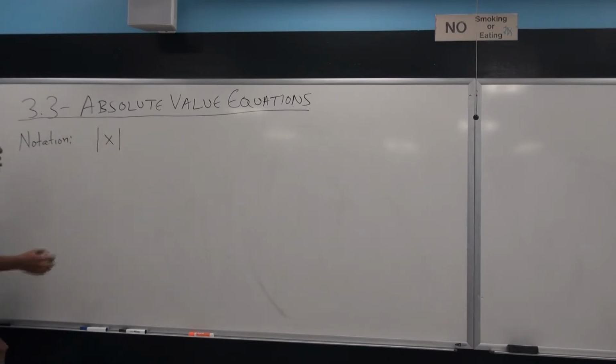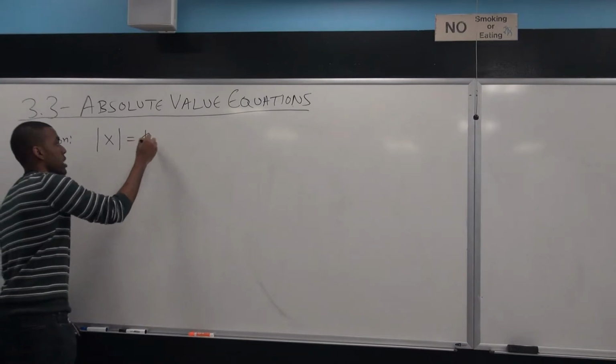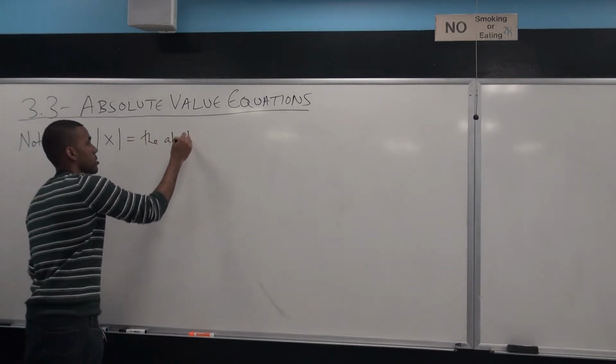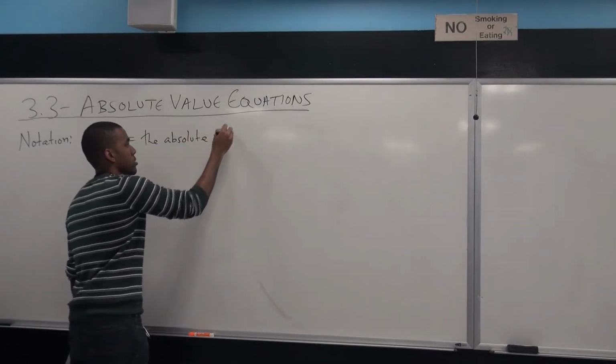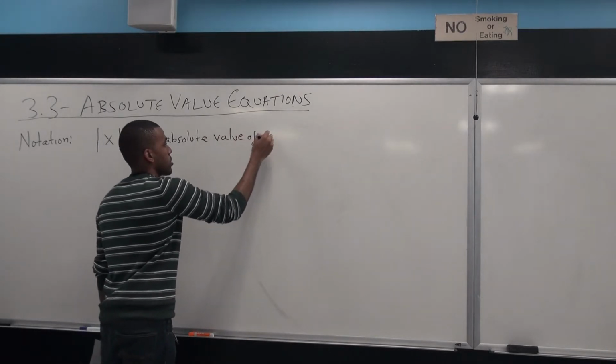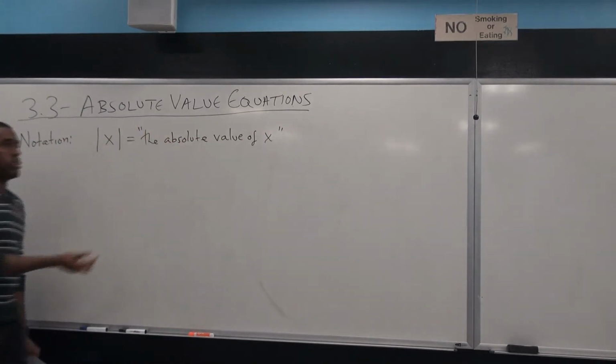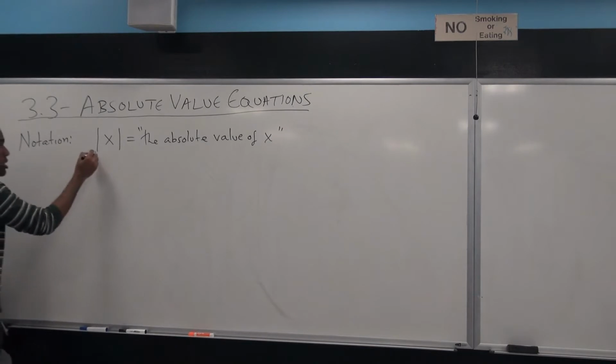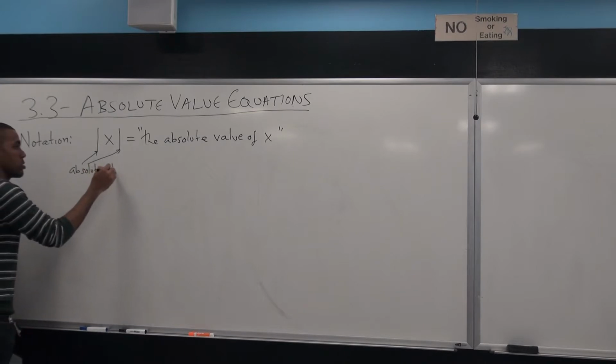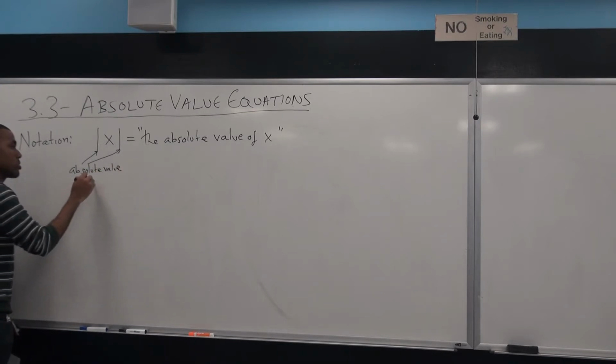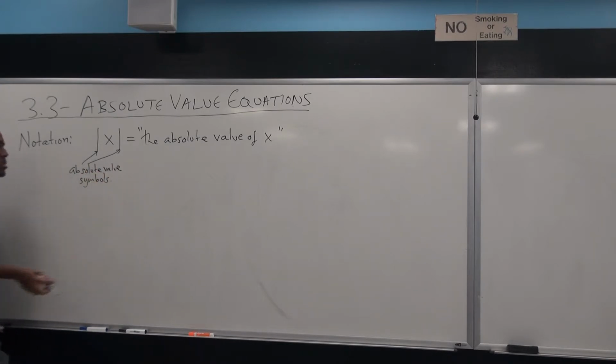So if I write this, this means the absolute value of x. Right? That's how you read absolute value of x. These signs here are the absolute value symbols. So whenever you write these two straight bars, you're saying you're taking an absolute value of something.